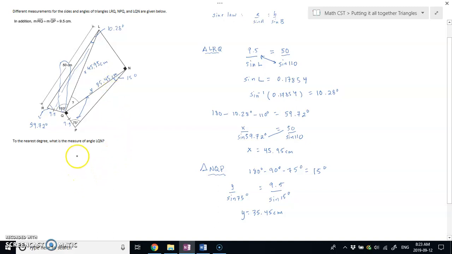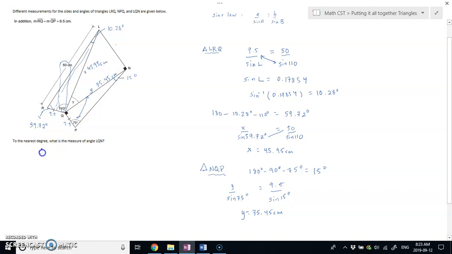Now again, we can do a final sine law to find out the angle that's a question mark. Now, in order to do that, we're going to need this side length over here, L to N. I notice this is a right angled triangle, so let's use Pythagorean theorem to solve that first.